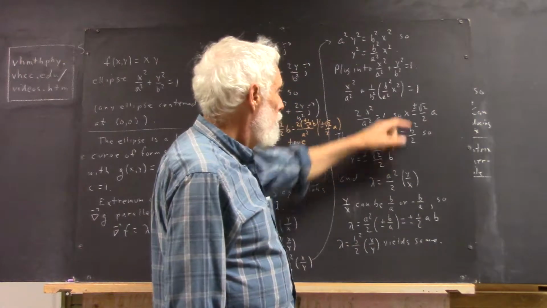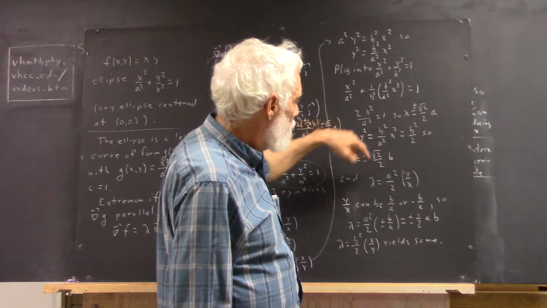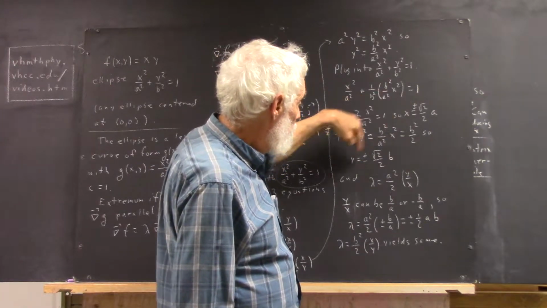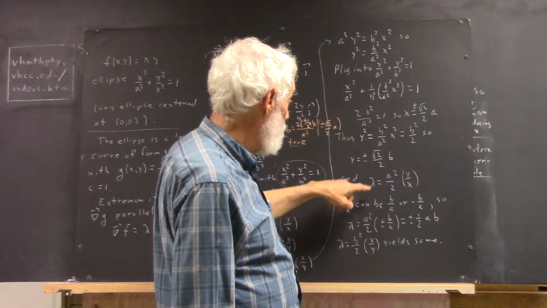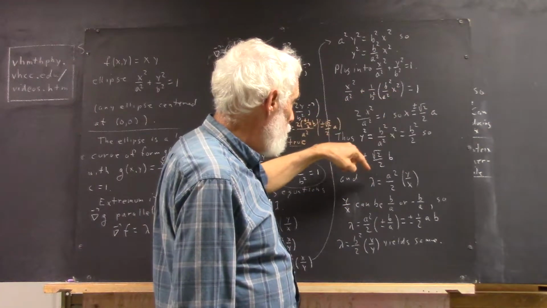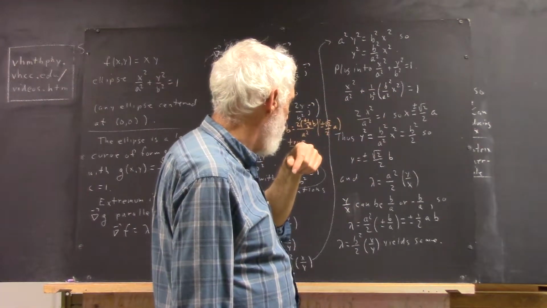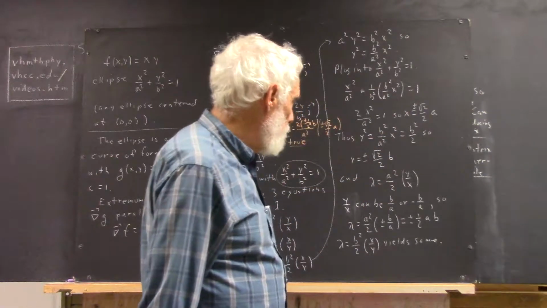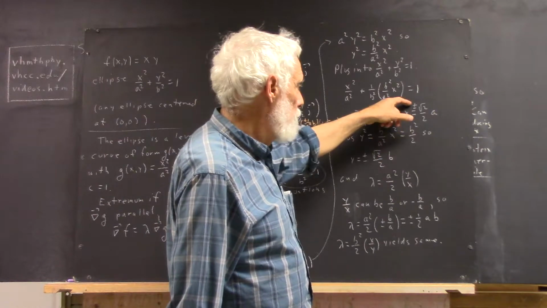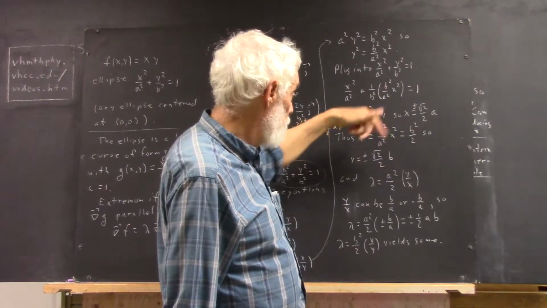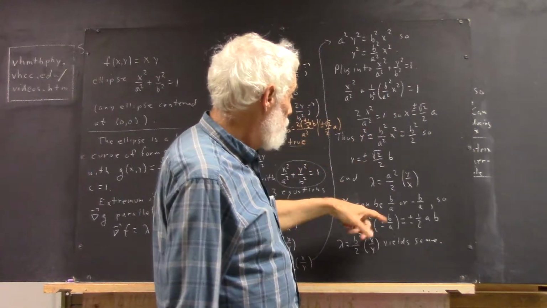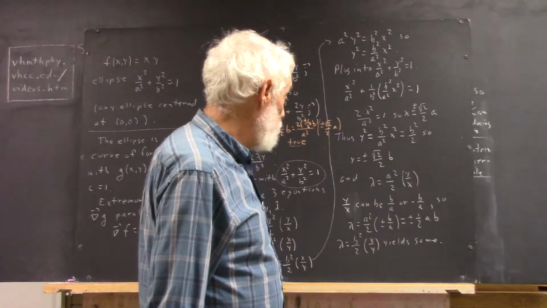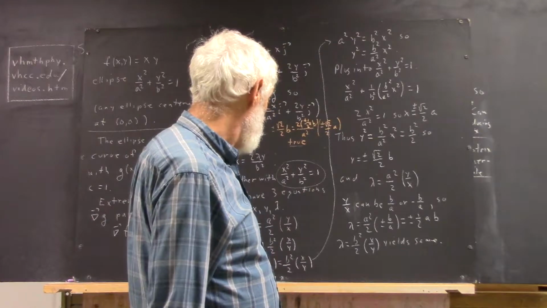So if we use the plus here and the plus here, y divided by x is just b over a. And then if we use a plus from here and a minus from here, or vice versa, opposite signs, we get negative b over a. Those are the only possible values of y over x.